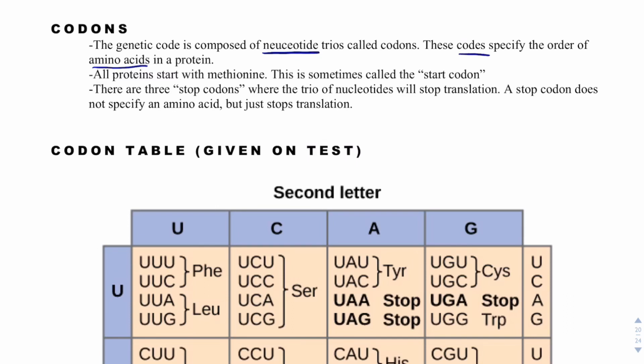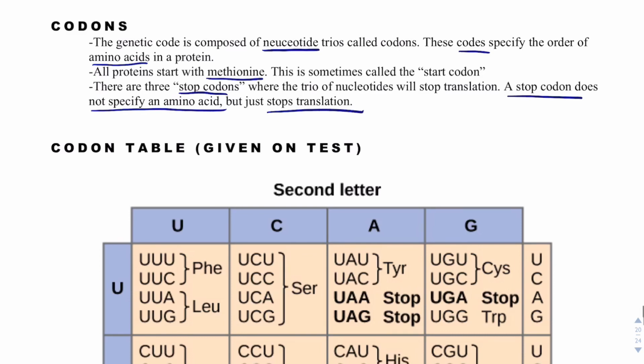All proteins start with your start codon, which is going to code for methionine, and they're also going to end with a stop codon. Now, a stop codon does not give you an amino acid. It just tells it to stop. So once it reads the stop codon, it doesn't produce anything. Your protein is done.